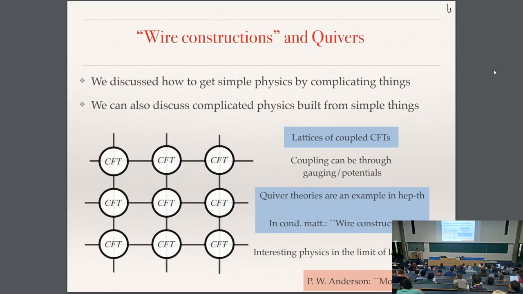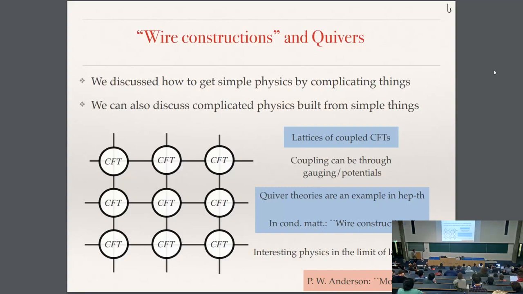And this is how we do things, for example, in condensed matter physics. We can take a lattice, which is just a quantum mechanical system labeled by some abstract lattice, to which we give a spatial interpretation, and go to certain limits to construct quantum field theories in higher dimensions. So we can do similar things with CFTs. We can maybe group them in certain ways and take certain limits and try to construct physics in higher dimensions.